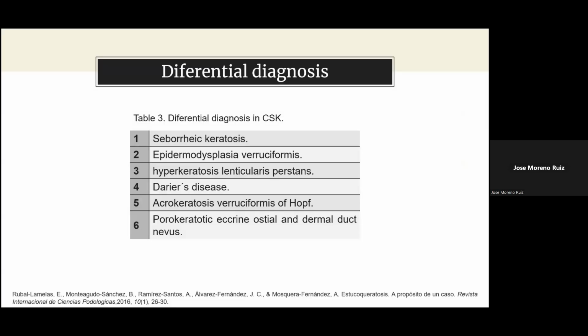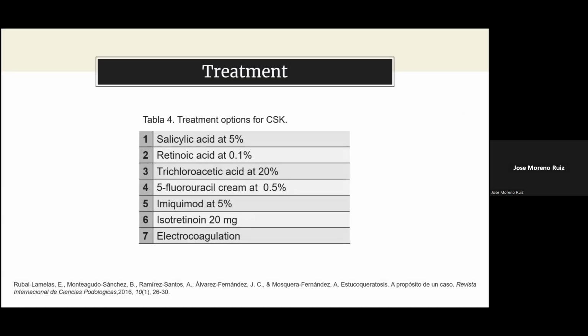The differential diagnoses of stuccokeratosis include seborrheic keratosis, epidermodysplasia verruciformis, Darier disease, and acrokeratosis verruciformis of Hopf. Treatment is usually indicated in this patient. Sadly, the patient recently passed away, and we weren't able to indicate a good treatment.